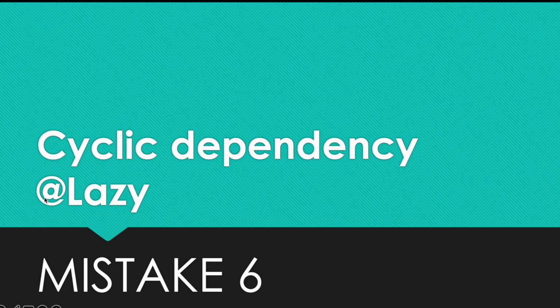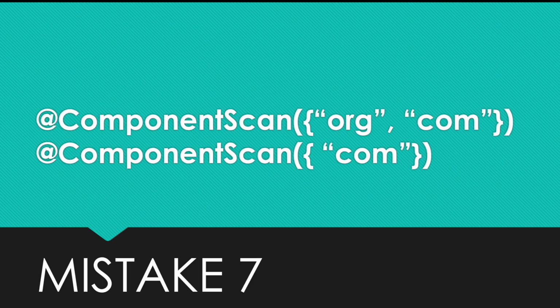When you are using this annotation in your application, it is a code smell. It means something is wrong with your design. And what you want to do is revisit your design and implement it correctly to avoid having to use @Lazy, to avoid cyclic dependency in your code.